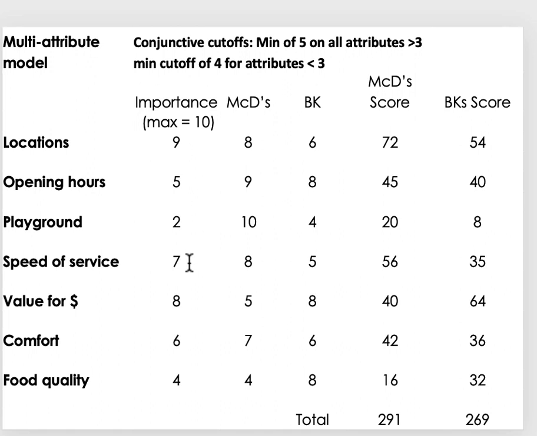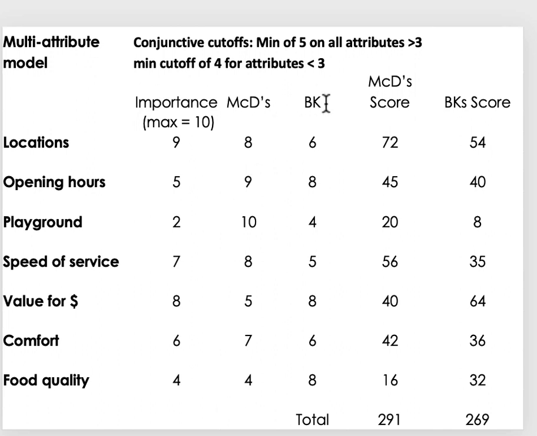Speed of service, important. McDonald's is satisfactory. Again, value for money, satisfactory. Comfort, satisfactory. Here, when we get to food quality, this is an attribute that's above 3, 4 out of 10. But because it's a 4 in terms of performance, that's below the cutoff.